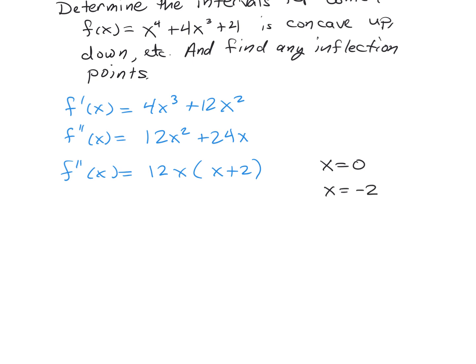Now the next thing we want to do is put these on a number line. So we put negative 2 and 0 on a number line. And again, we are looking at the sign of the second derivative, f double prime of x.